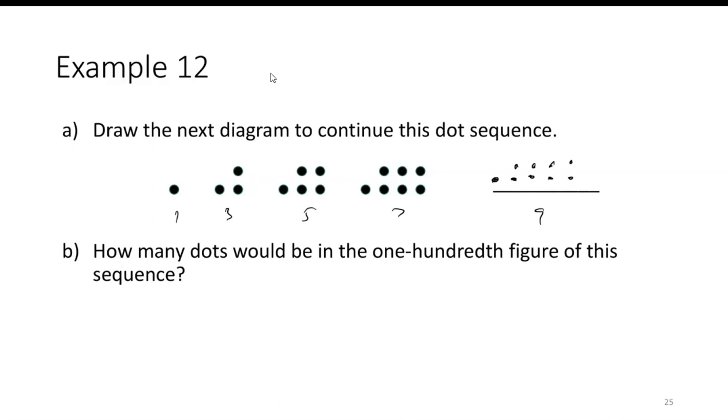So this is an arithmetic sequence shown visually, geometrically. How many dots would be in the hundredth figure? Well, a is 1, and then my common difference is I'm adding 2 more each time. So if I go 1 plus 99 times 2, that would be 199 dots.